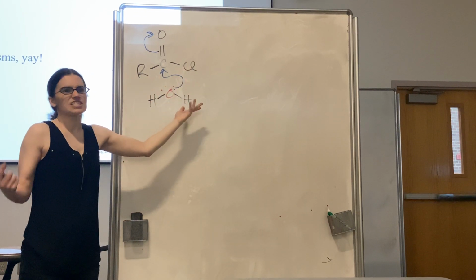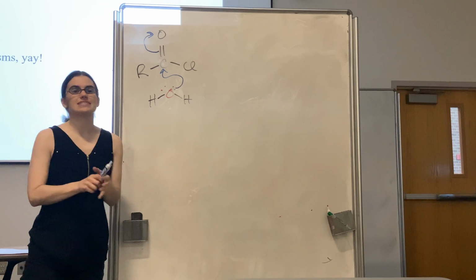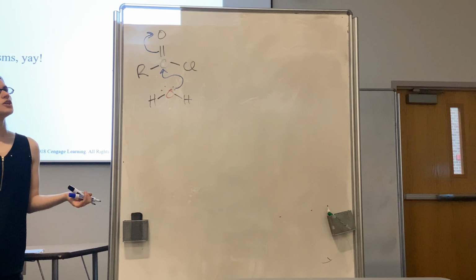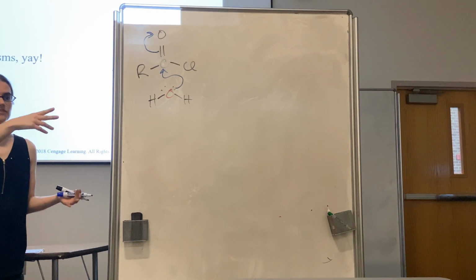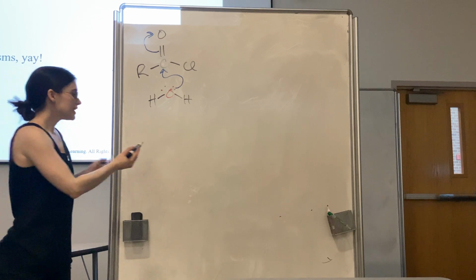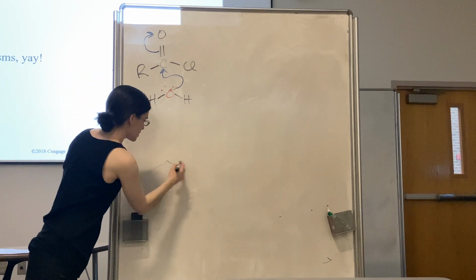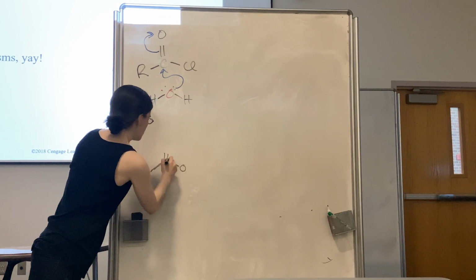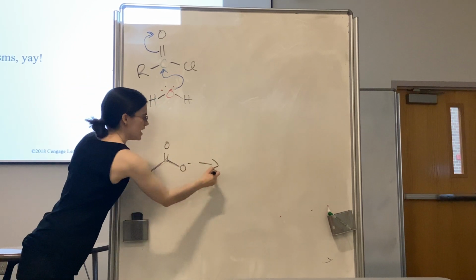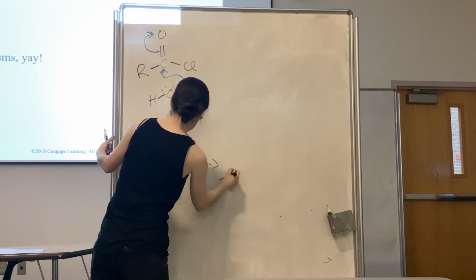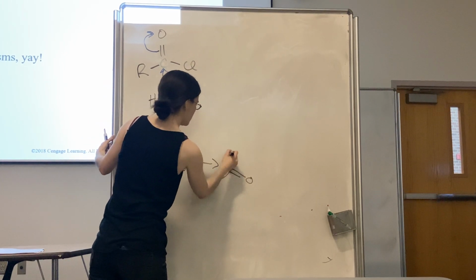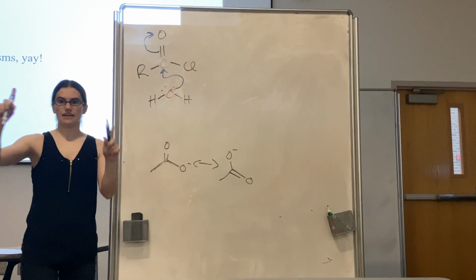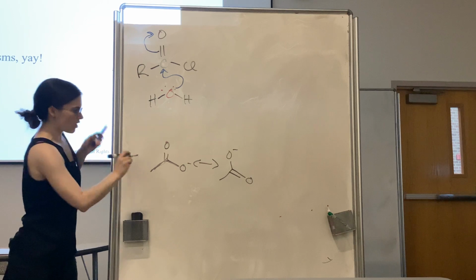So if we have carboxylic acids in water and we radioactively label one of the oxygens, if we have that in basic solution, then it does not matter which one we see.